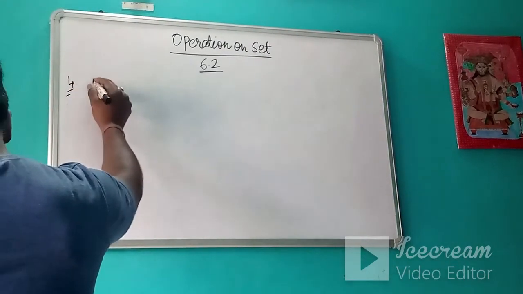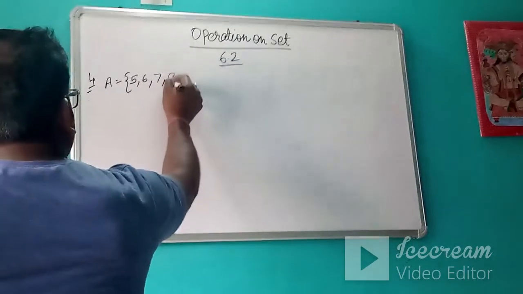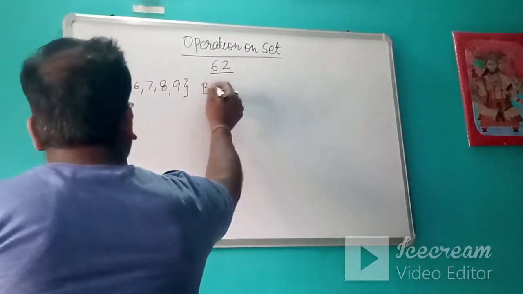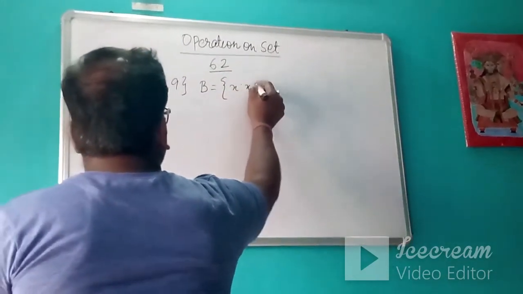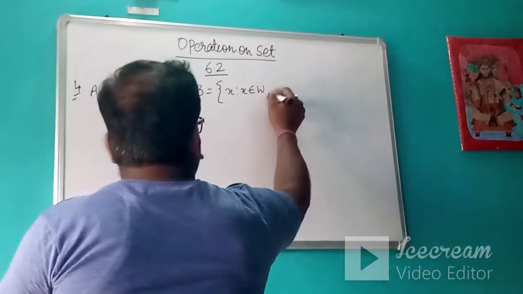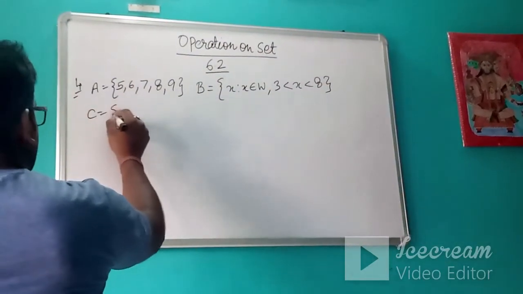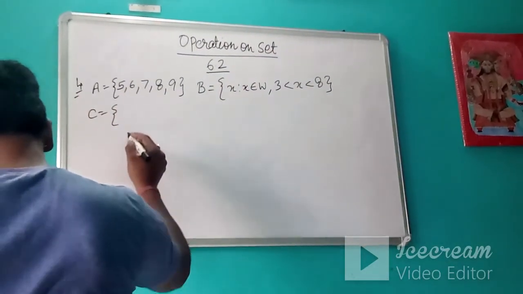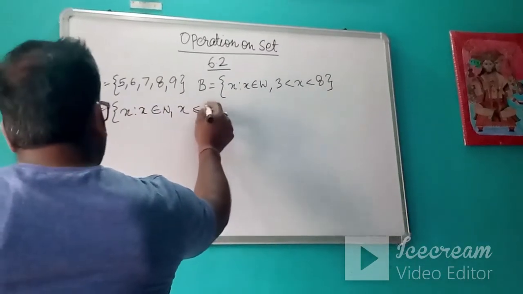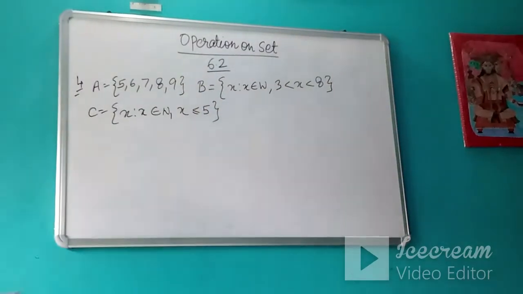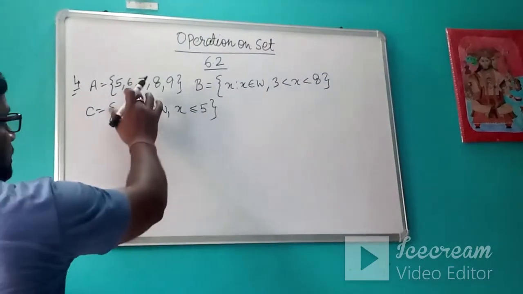Suppose a question is, now suppose a set A is there. And one more set I am writing, B: X such that X belongs to whole numbers and X lies between 3 and 8. One more set is given, C. Whenever you want to calculate the union of sets, always remember the sets should be in roster form.